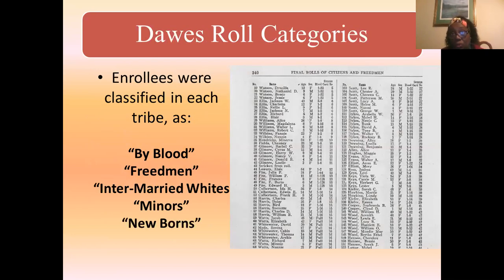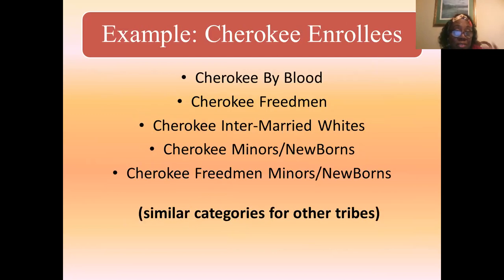Now, there are categories to those rolls. You already know what many of them are, of course. Those who were put on the roll as individuals by blood, freedmen, intermarried whites, minors, and newborns. And you'll see that frequently on even some of the cards. Now let's take a look at a Cherokee card.